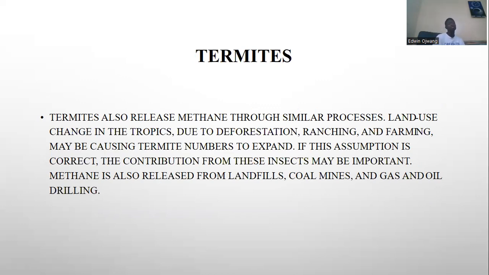Land use change in the tropics, due to deforestation, ranching and farming, may be causing termite numbers to expand. If this assumption is correct, the contribution from these insects may be important. Methane is also released from landfills, coal mines, and gas and oil drilling.